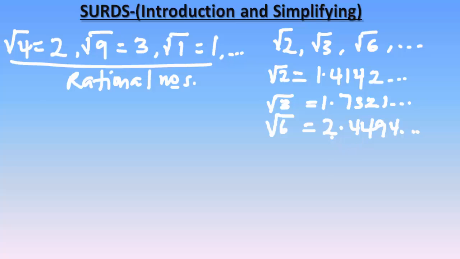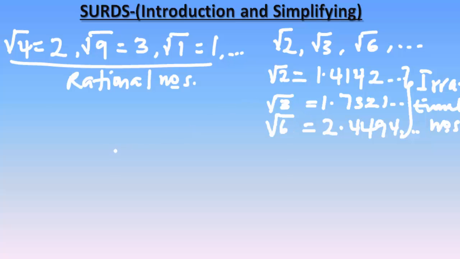So now these numbers are also called irrational numbers. Now, when such numbers are left under the square root, they are called surds.